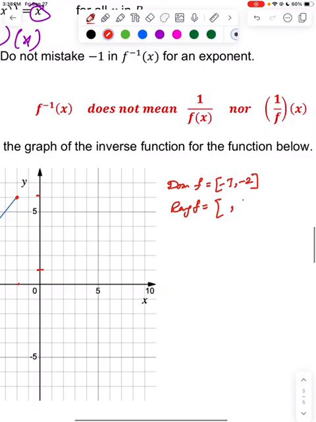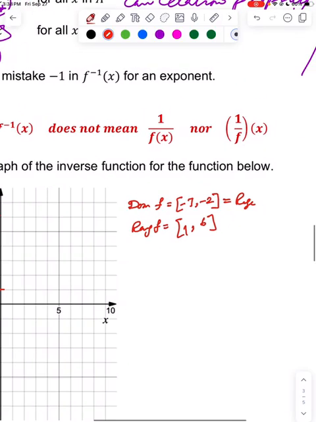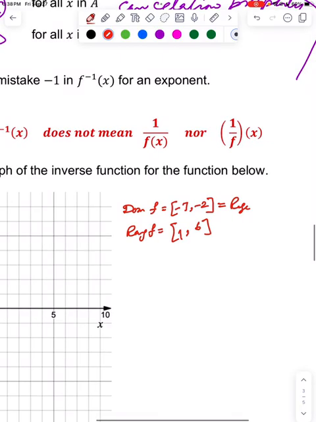So now what about the inverse function? Well, the domain of f will now become the range of f inverse, and the range of f will become the domain of f inverse. So let us try to graph this.